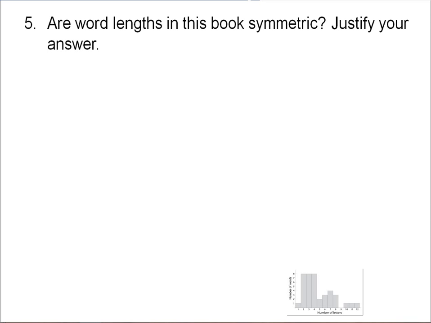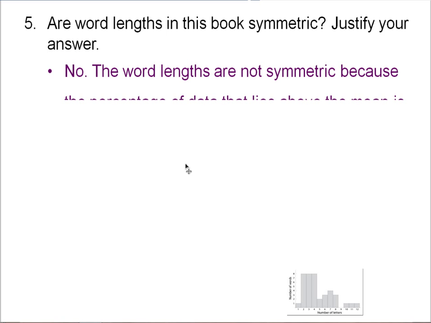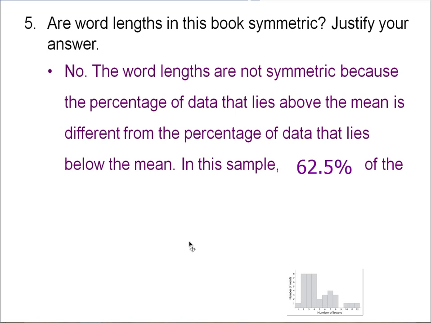Question 5 asked, are the word lengths in the book symmetric? Right? Symmetric is what a normal curve is. So looking at Dominic's histogram, are his word lengths symmetric? No, not really, right?